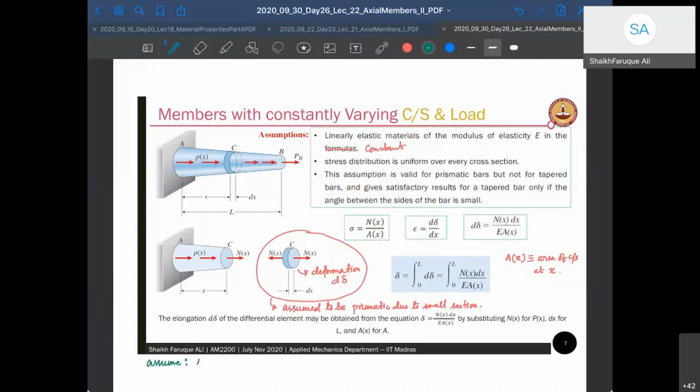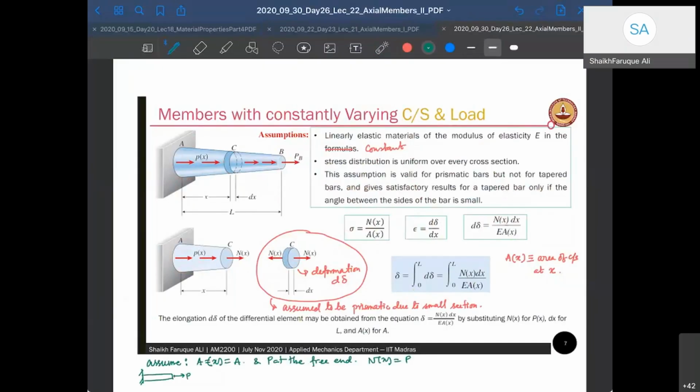Now assume A of x to be constant, A, and P at the boundary, the free end. Then what we have is Nx equal to P again, because in that case the member looks like this: a constant cross section with a point load P here.